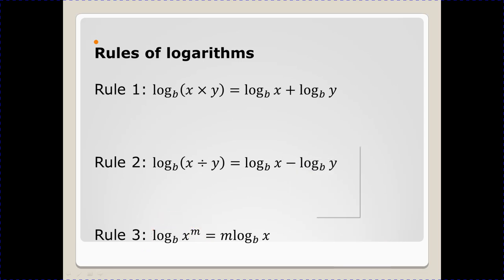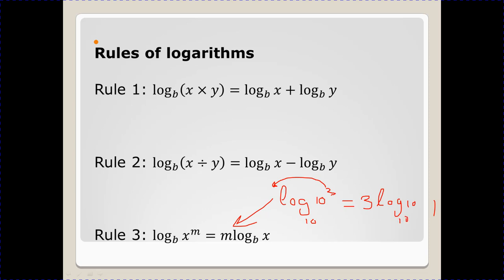Let's have a simple example. What if I have log 10 to the power 3 at the base of 10? Based on rule number 3, this equals 3 log 10 at the base of 10.